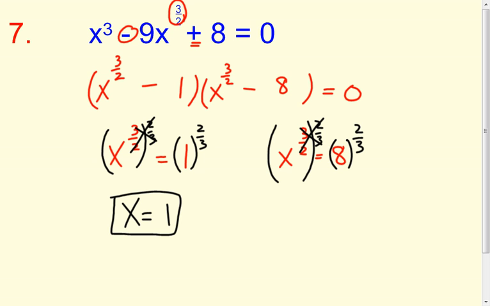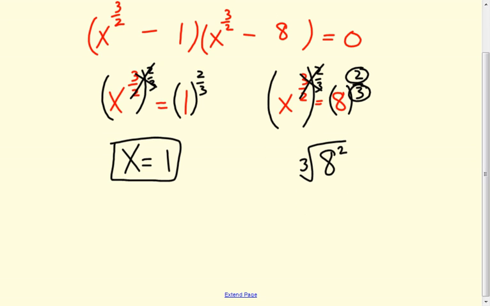You are taking 8 to the 2/3 power. I want you to remember how that kind of works. The bottom number becomes your index over here, and the top number is your exponent. So this is really the cube root of 8 squared. So if you take the cube root of 8, that means what times what makes 8. So that would be 2, and then square it, and of course you get 4. So your other answer is x equals 4. And you should plug these in and check them. I will tell you they both work. So there you go.